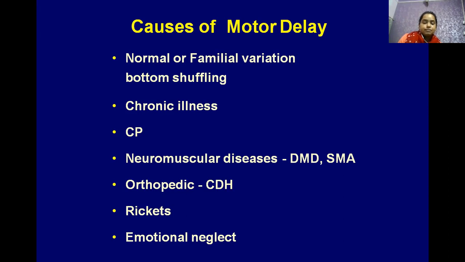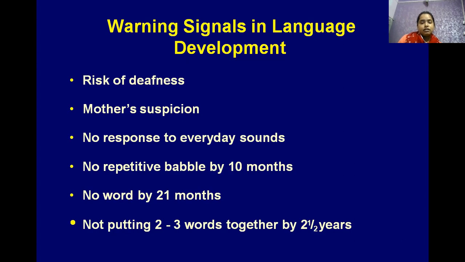Orthopedic changes, maybe rickets, and emotional neglect. And here are some warning signals in language development: risk of deafness, mother's suspicion, no response to everyday sound, no repetitive babbling by 10 months, no words by 21 months, and not putting 2 to 3 words together by 2.5 years.